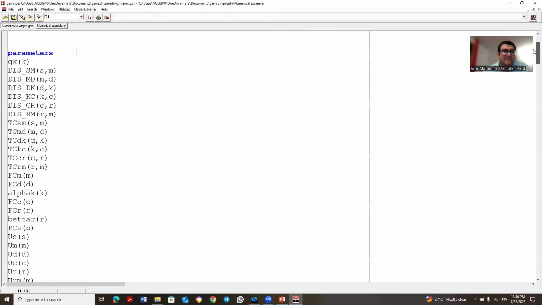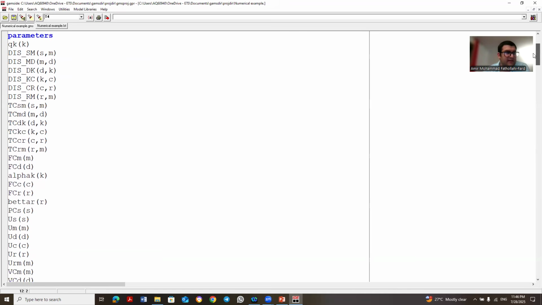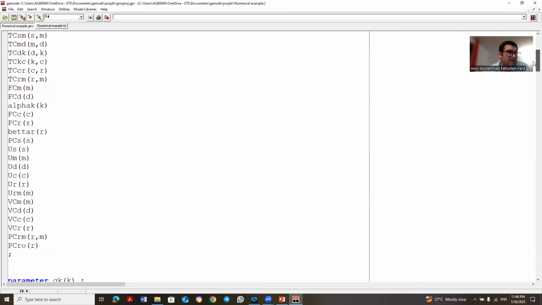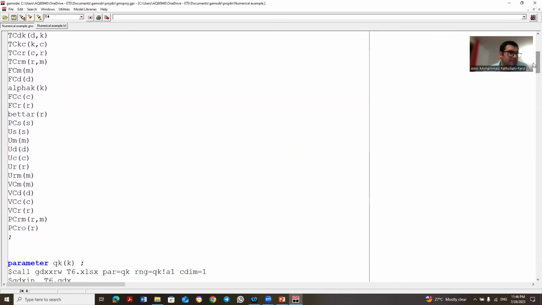I created an Excel file where at each sheet these parameters have been defined, and you can see the parameters from the demands, distance parameters, transportation parameters, and also fixed opening cost parameters, the fraction of the collected waste from the markets, and also the fraction of the recycled tires for remanufacturing, the price, the capacity, and the variable costs.